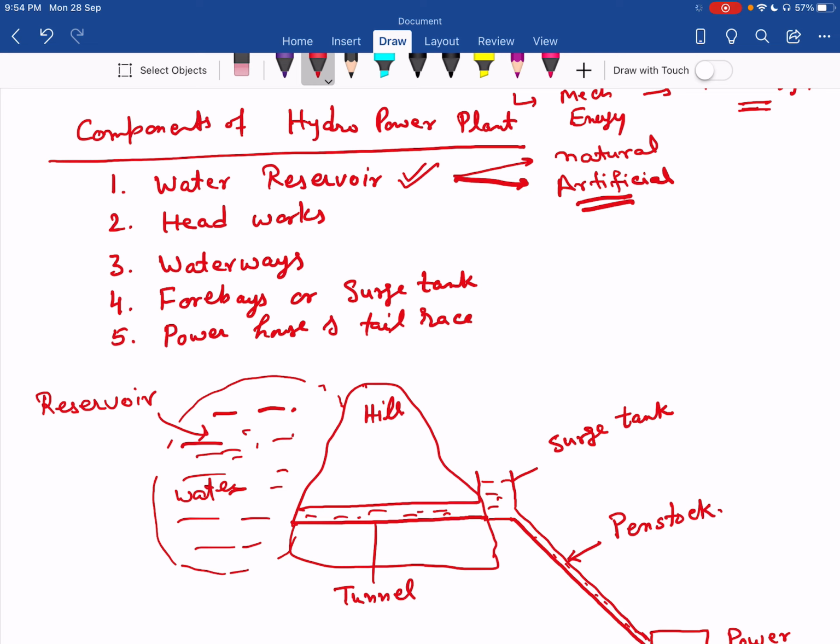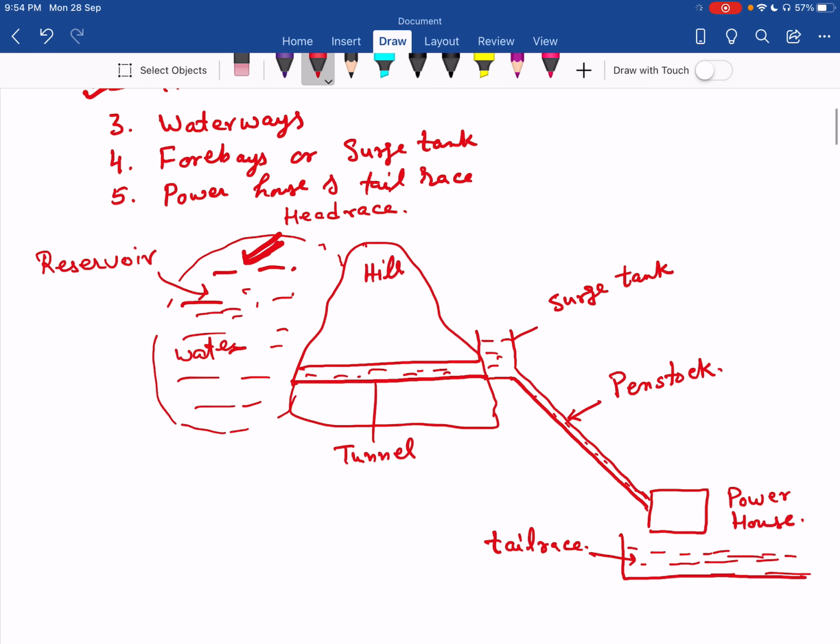Then the next component of a hydropower plant is headworks. The headworks are the equipment used to control the flow of water into the waterways on the headrace side. This side of the hydropower plant we call the headrace, and the bottom part we call the tail race.